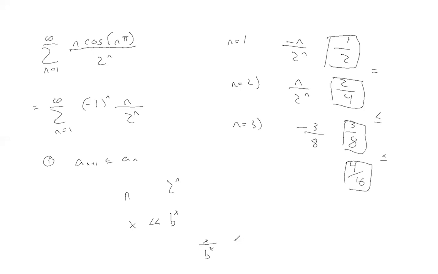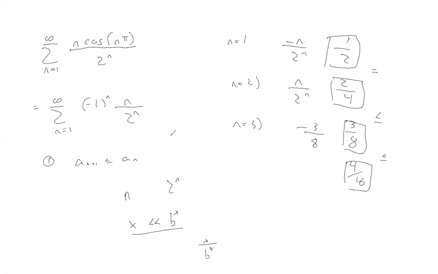So eventually this b to the x will be much bigger than x, and that means if I have a little increase in x down here, that's going to outweigh the increase in x up here. So that's a kind of long roundabout way of saying that if I have this condition in my hierarchy of functions, and I turn it into a fraction, my fraction should be decreasing.